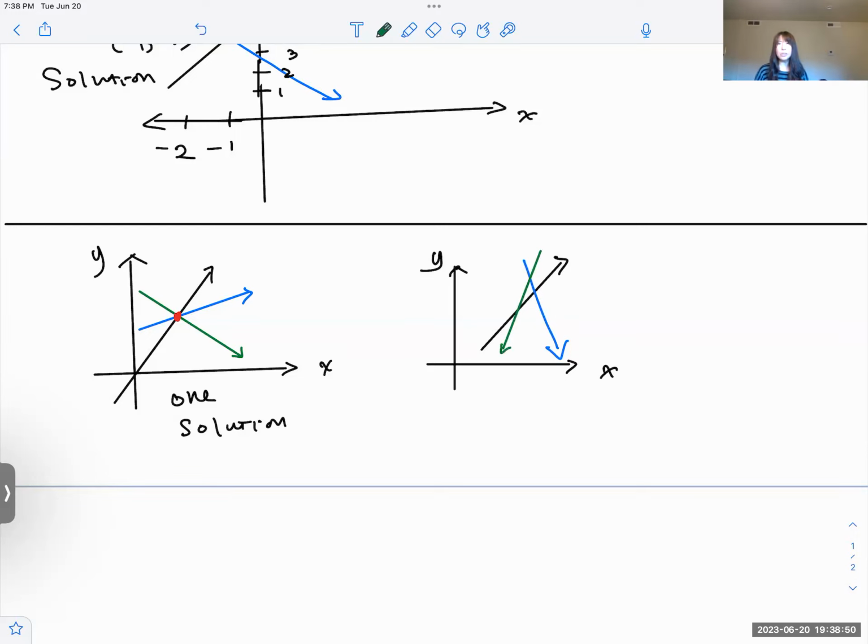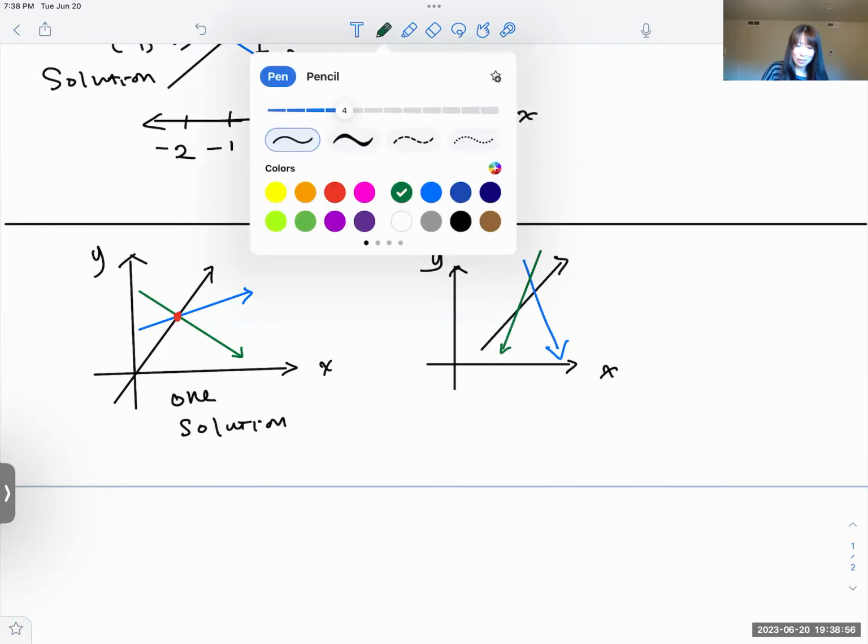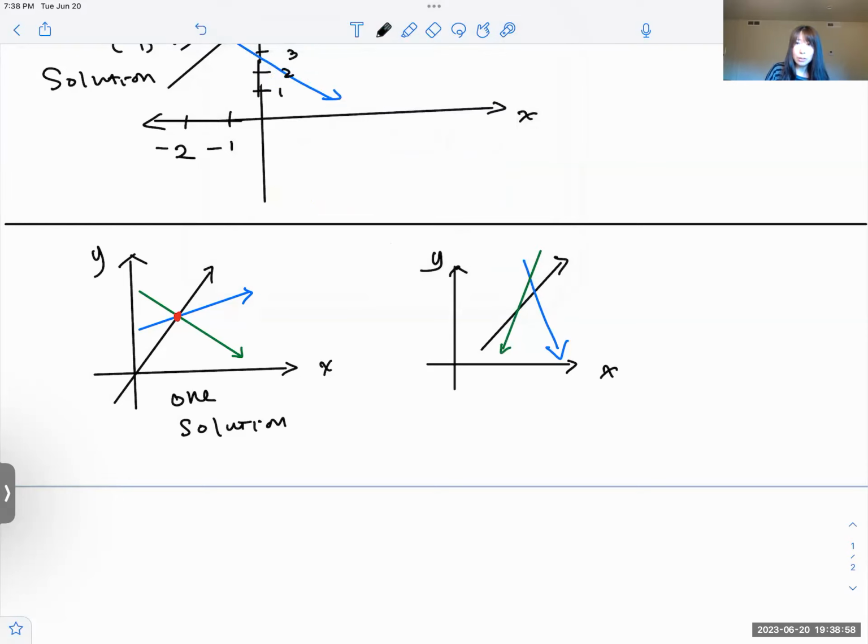How many solutions there? No solution. Good job. So we consider this no solution because 3 lines are not met together at one point. Okay, good.